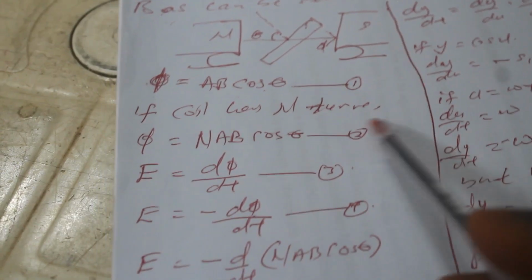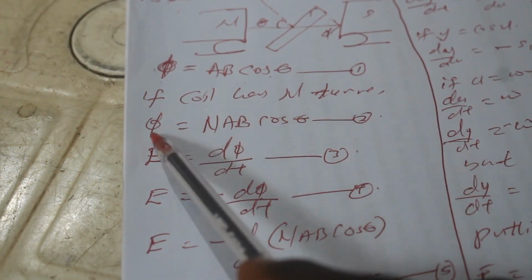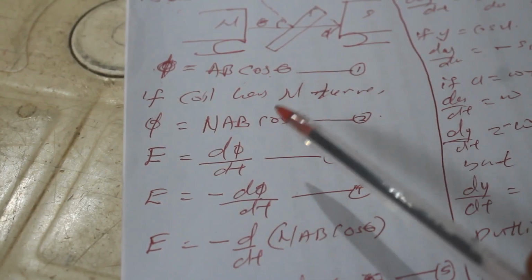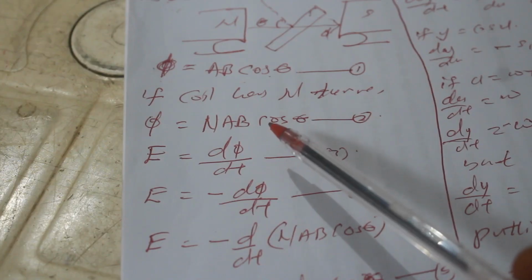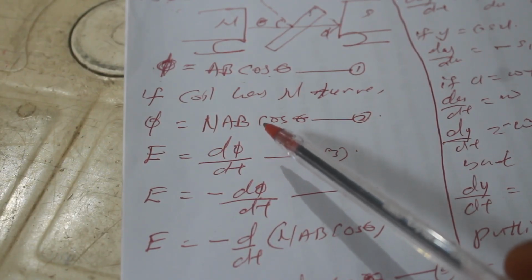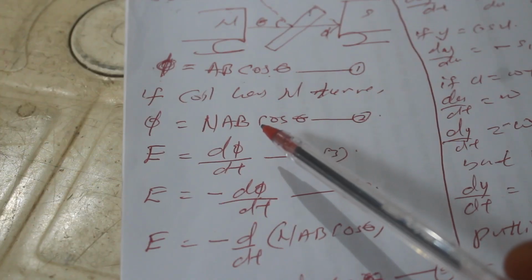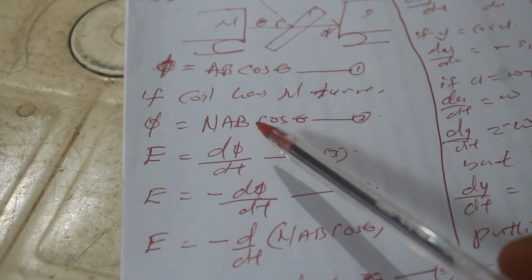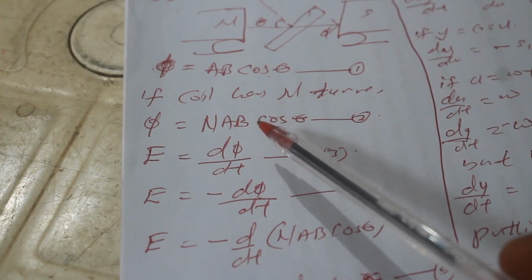Now, if the coil has N number of turns, that means phi becomes NAB cos theta. Now remember from your two laws of electromagnetic induction, Faraday's law and Lenz's law, that Faraday's law gives the magnitude of the induced EMF, while Lenz's law gives the direction.